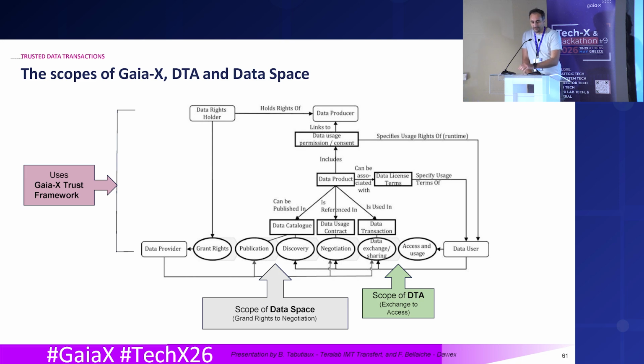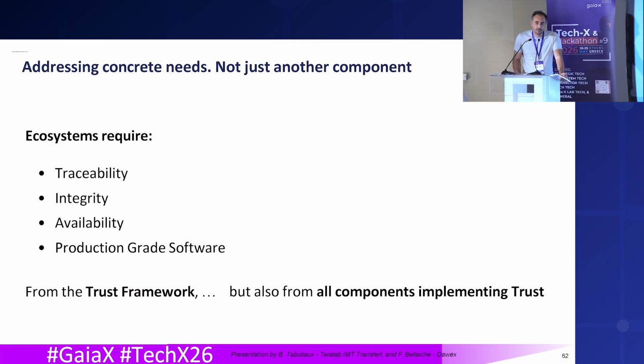And for the case of sensitive data spaces, you can rely on big testing and production grade software. So this is the main reason why we are developing a community tool.